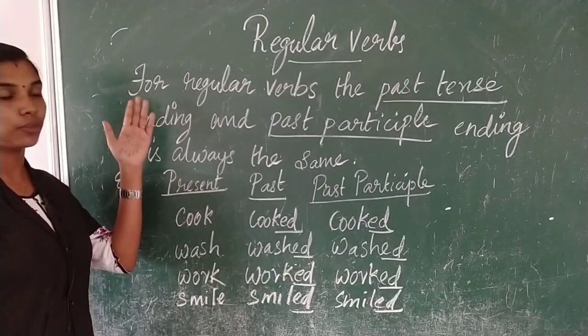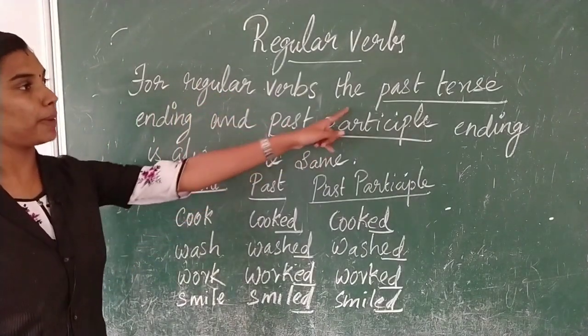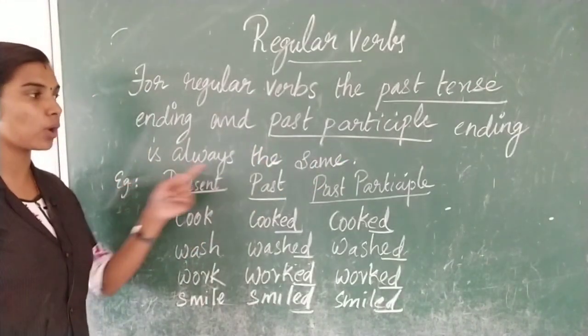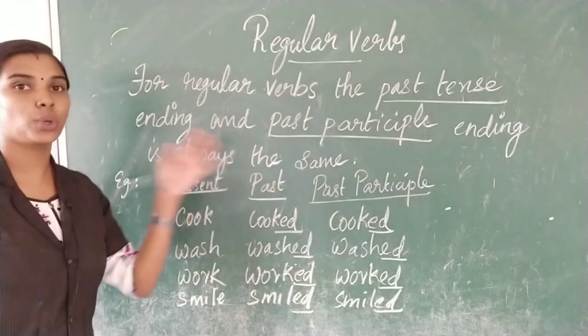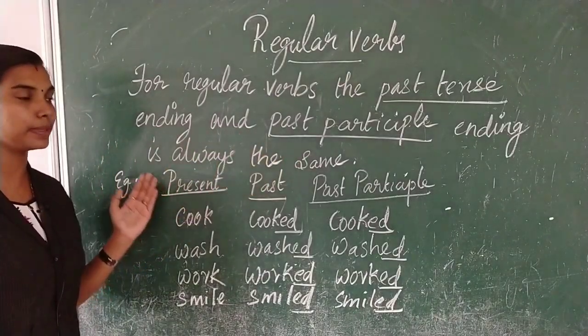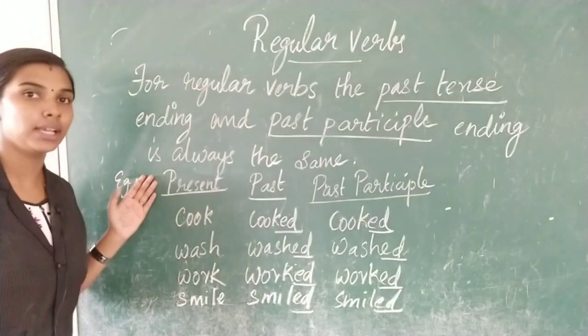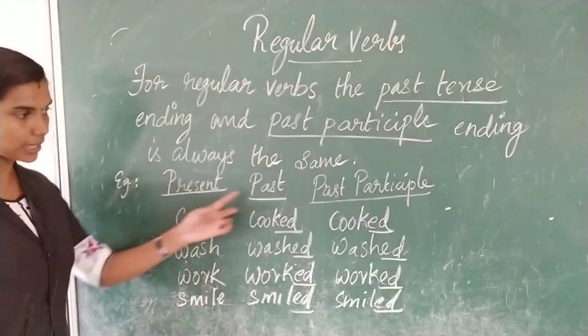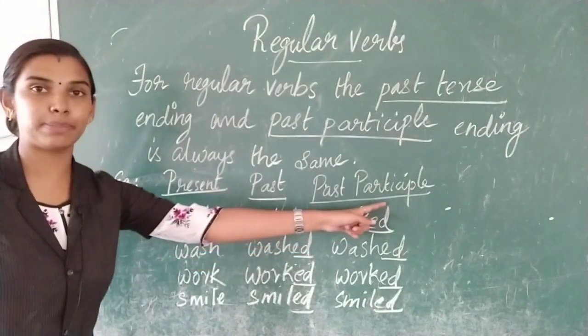So children, for regular verbs, the past tense ending and past participle ending is always the same. So in case of regular verbs, the past tense and the past participle ending will always be the same. See the examples. These are the present tense, past tense and past participle.